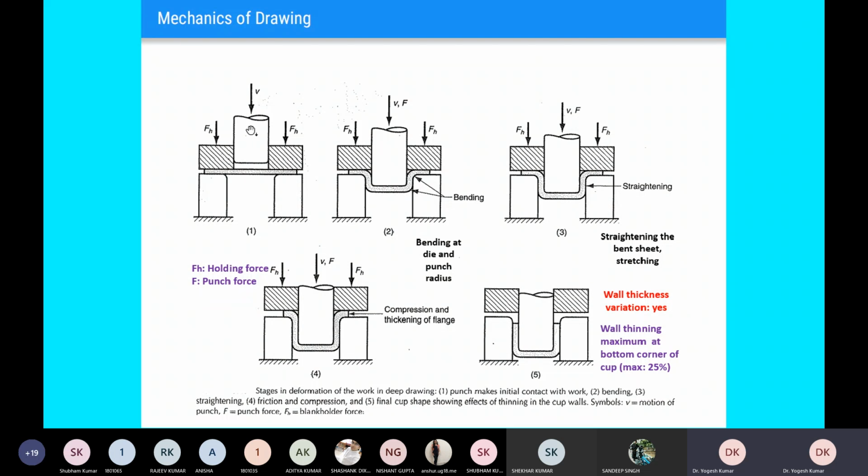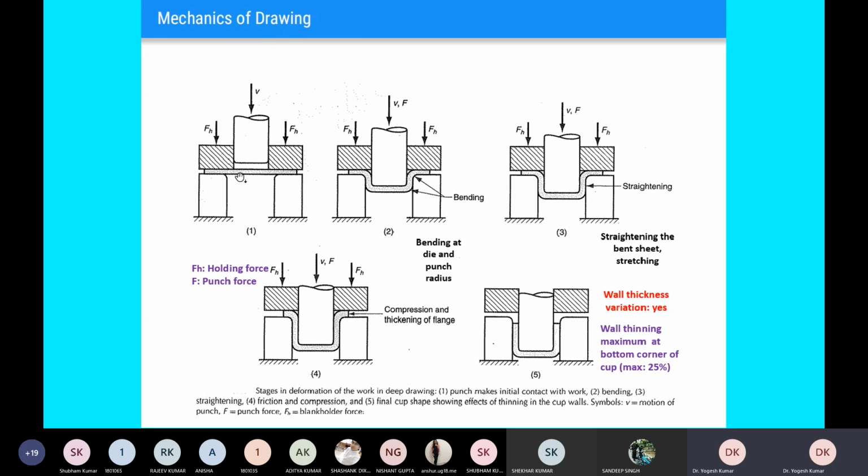Then we have the punch, which is placed exactly above your blank. In the first arrangement, the punch is making contact with your workpiece, or your blank.